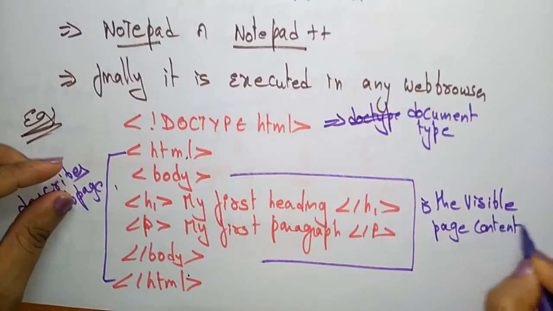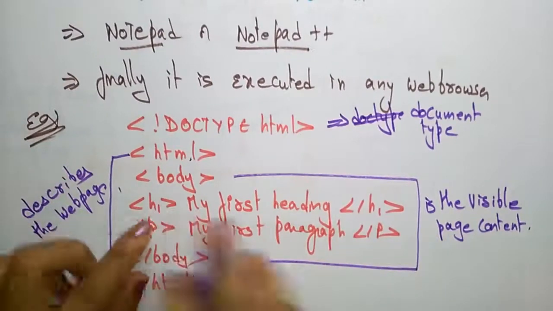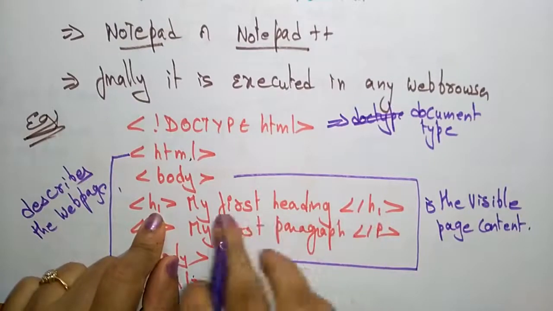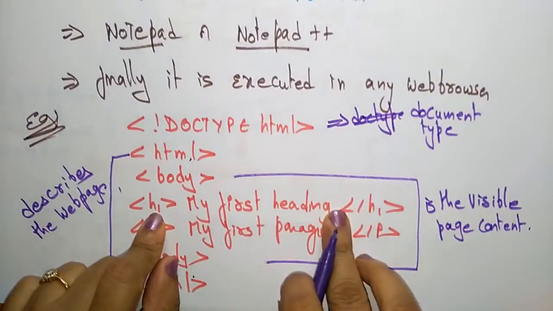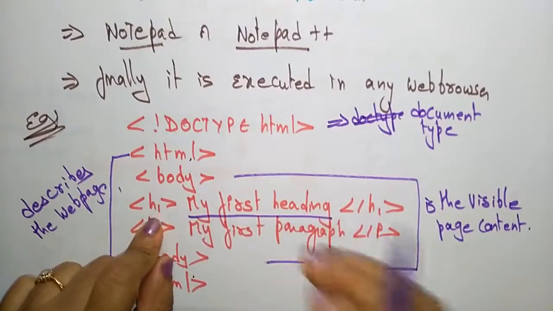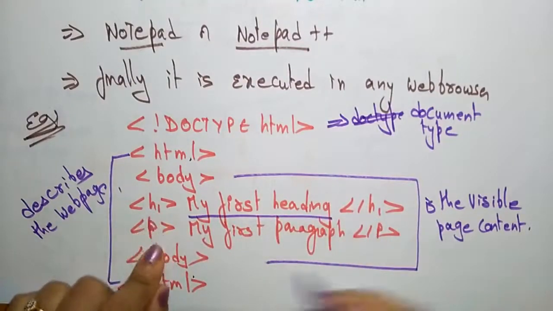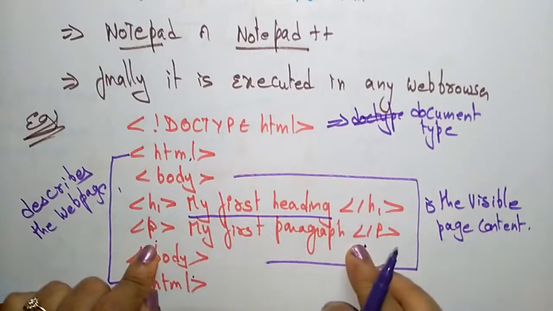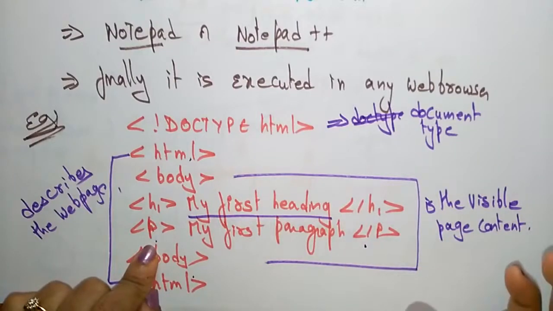And what about H1? This is the starting tag and ending tag. The text between the H1 tags is displayed as a heading. Headings go from H1 to H6. And the P tag represents the paragraph. The text between it displays a paragraph.